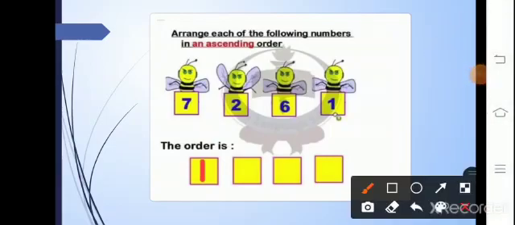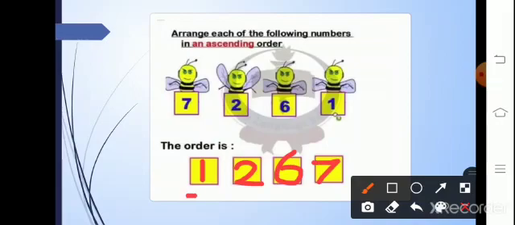Then second number 2. Third number is not 3, because this is not counting. These are numbers, so we take numbers from this question. After 2, there is number 6. And then lastly 7.